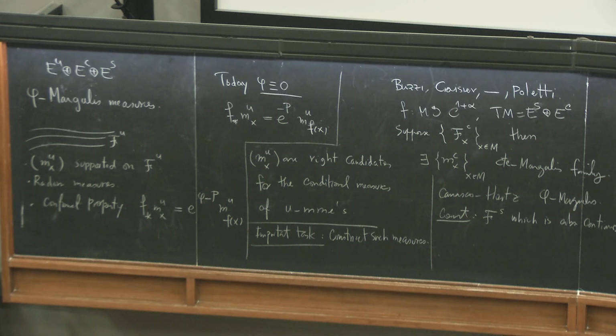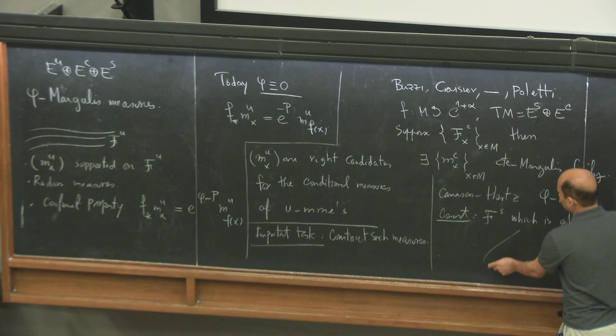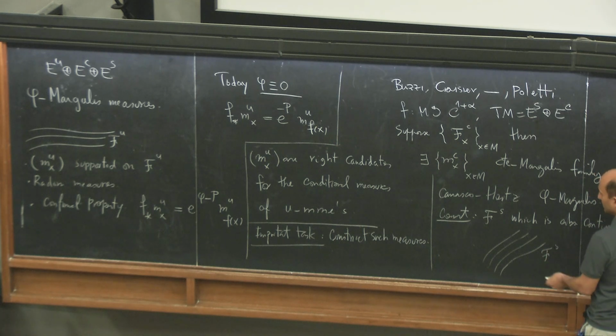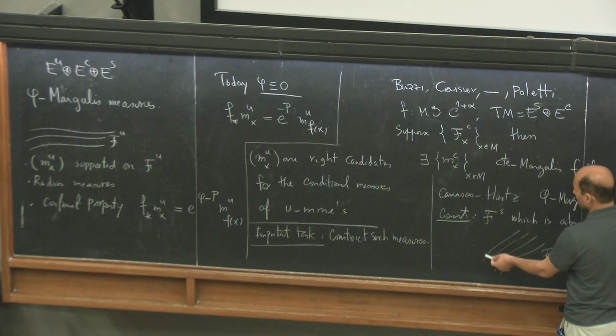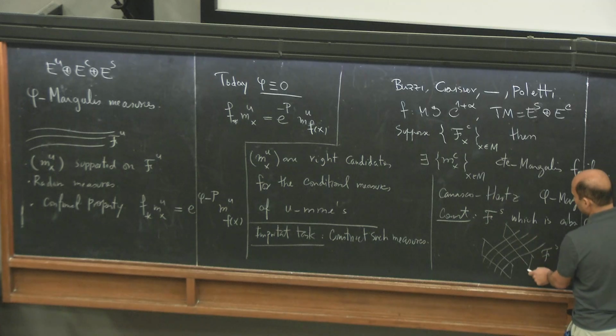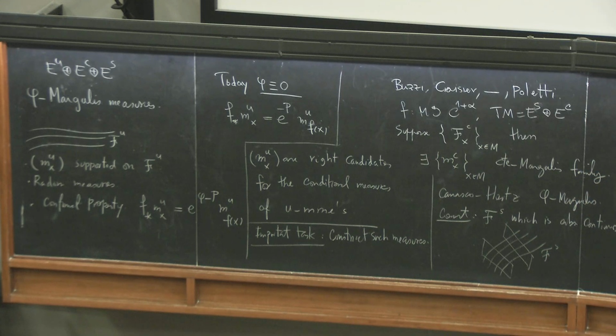As you can see, these measures, the Mc measures, are going to be transverse measures for the foliation Fs. If you remember your topology course, if you have a foliation, you can define the notion of transverse invariant measures, defined on the set of transversals.